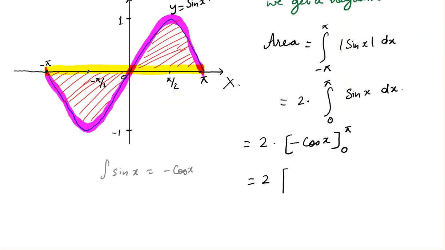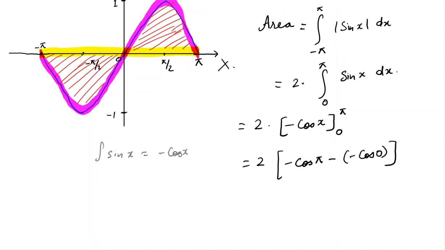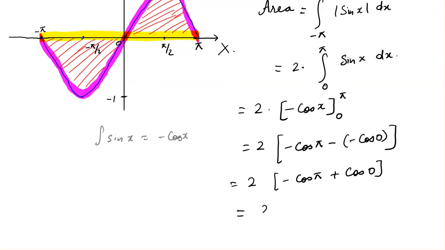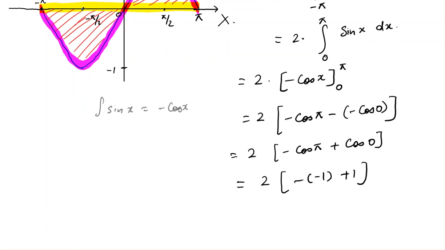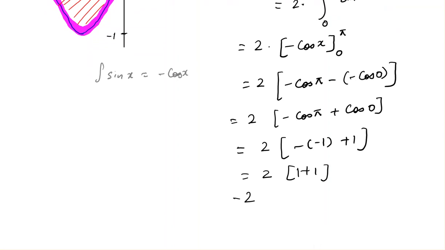Alright, so we get 2 times the upper limit minus the lower limit. So what we get here is negative cos pi plus cosine 0. We know that cosine of pi is negative 1, so we get negative of negative 1, and cosine of 0 is 1, so inside we get 1 plus 1, which is just 2, so 2 times 2, we got 4 units.